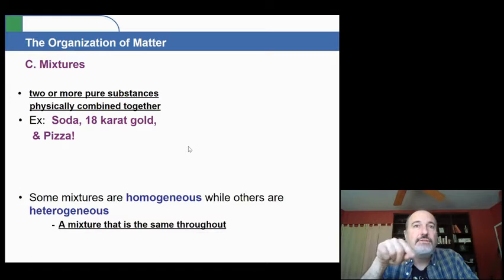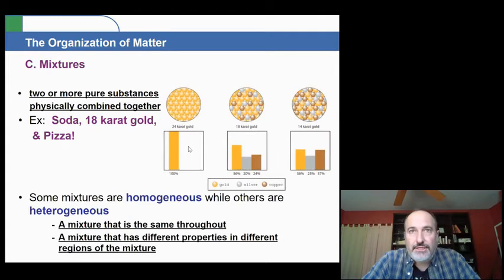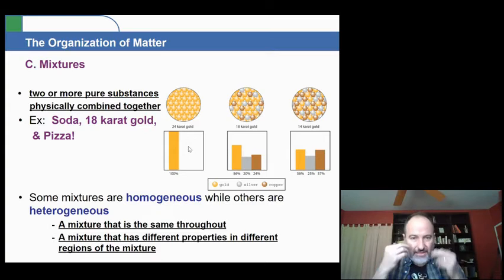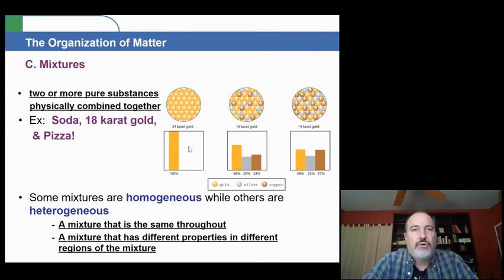And some mixtures are homogeneous, and others are heterogeneous. Now, homogeneous ones are mixtures that are exactly the same throughout. They're really blended well together, and you really can't pick out, at least visually, the individual parts of it. Whereas heterogeneous ones have different properties in different regions, and usually you can pick out the individual parts.